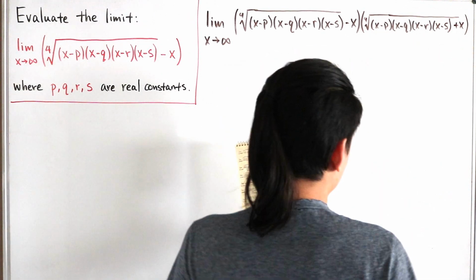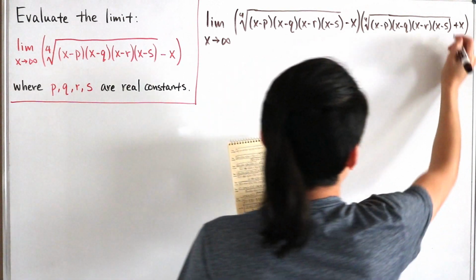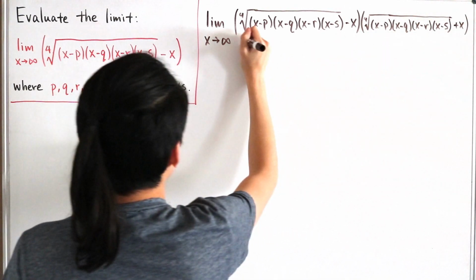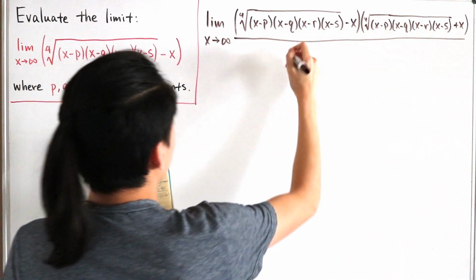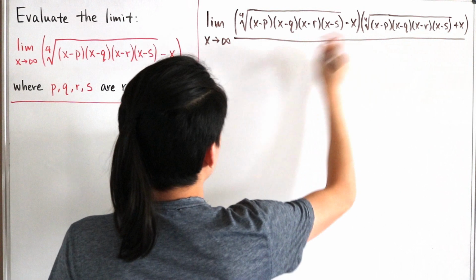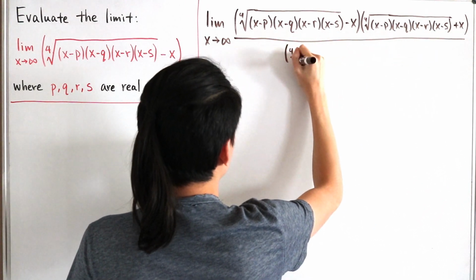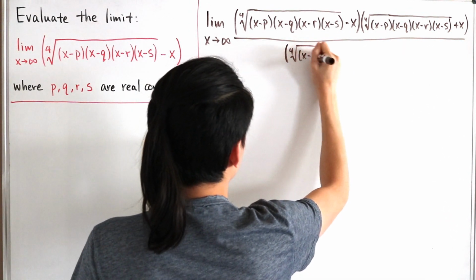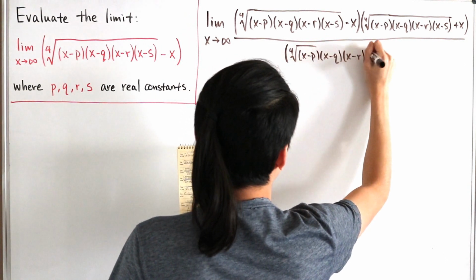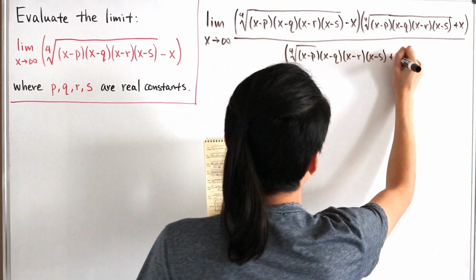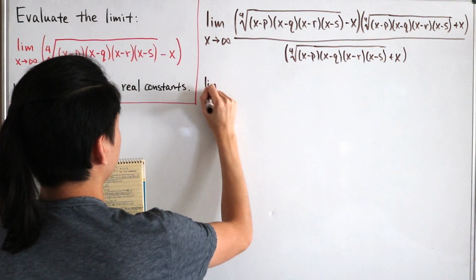Since we're multiplying the conjugate, we have to divide by it as well. This is the standard way of multiplying and dividing to get 1. So below, our denominator is just the conjugate that we multiplied with: the fourth root of x minus p, x minus q, x minus r, x minus s, added with x.